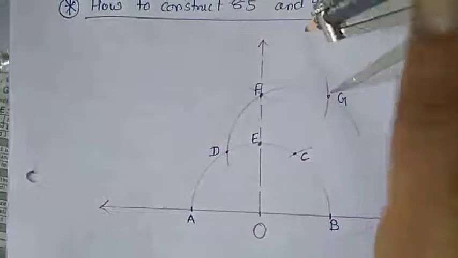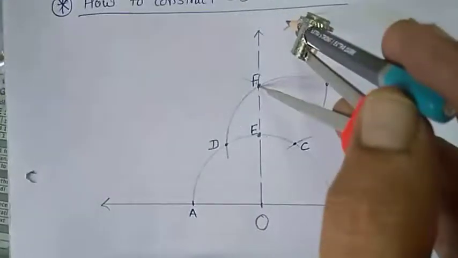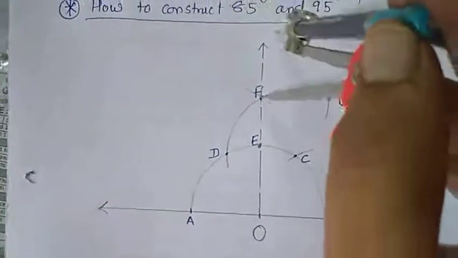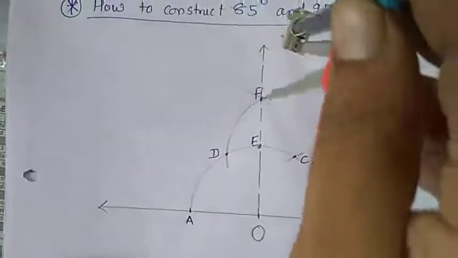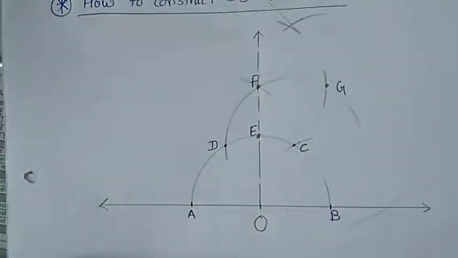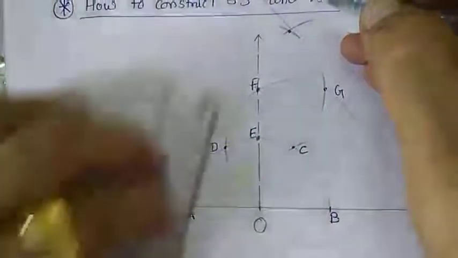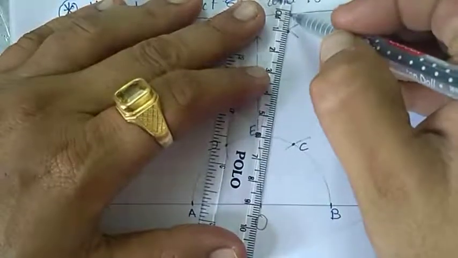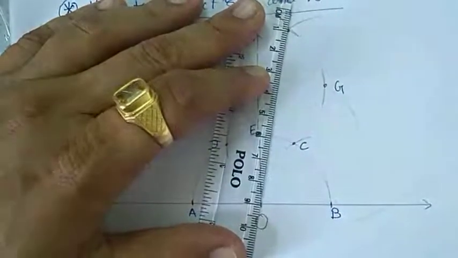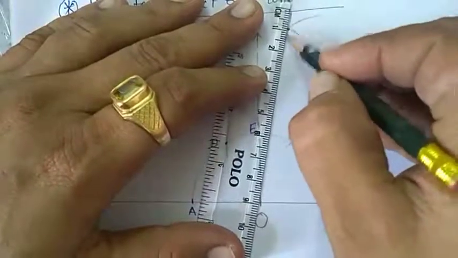Now the bisector of F and G will give me some measurement. I will draw it again as a dotted line, clear, with the pencil only, so we can make changes if we require.